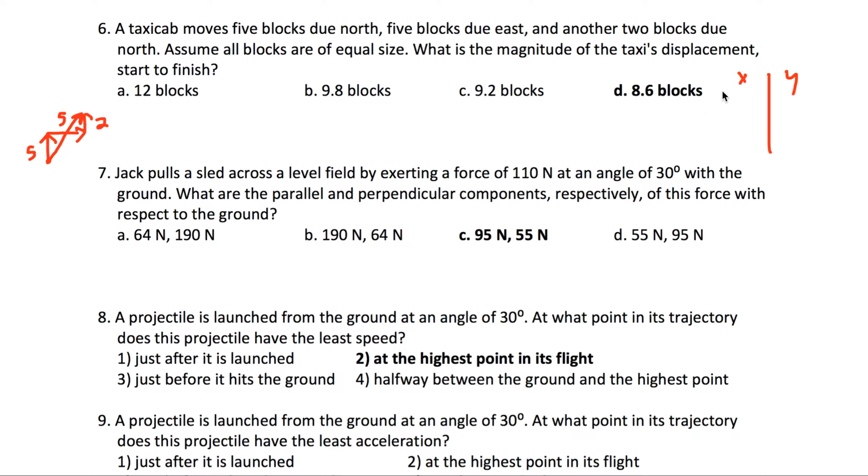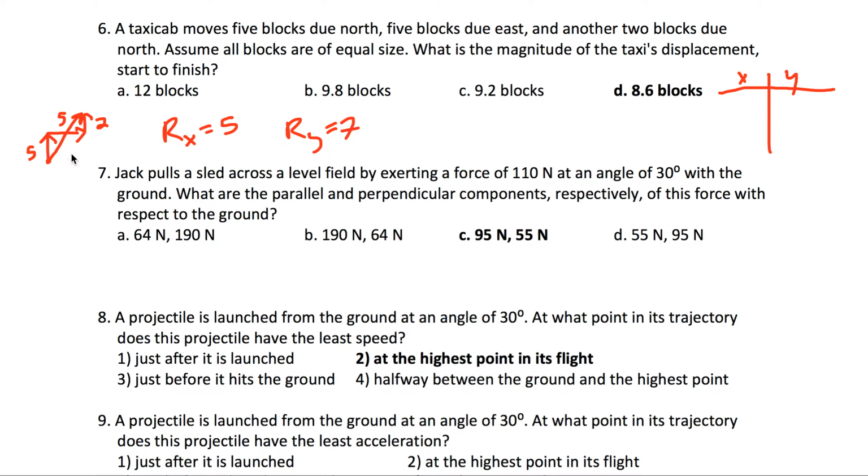You can if you want to, but you can already see from the picture that we only had to go 5 to the right. So our x is 5. And then to get to where we ended up, we had to go up 5 and then up 2 more. So the y component is 7.